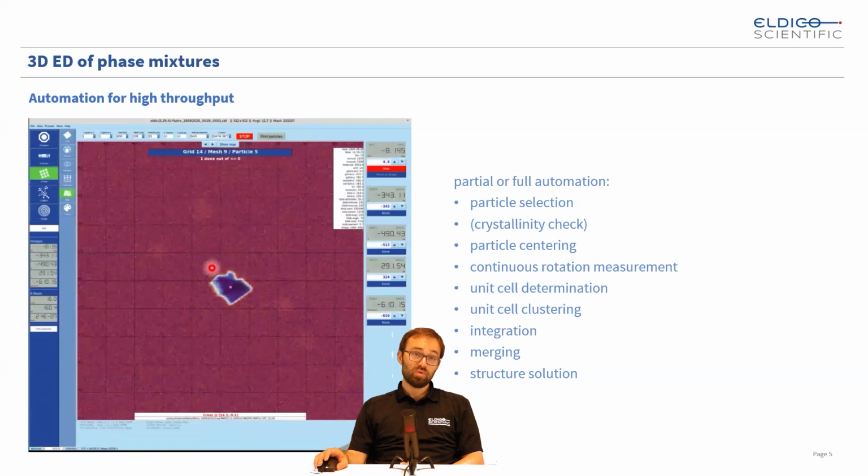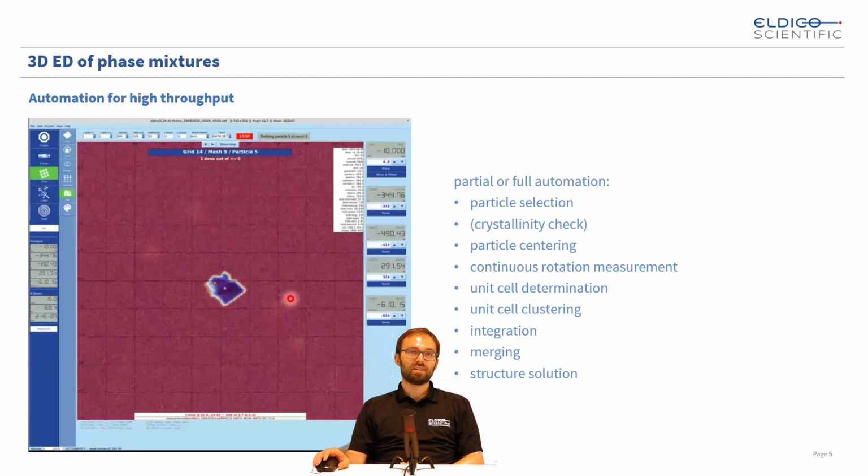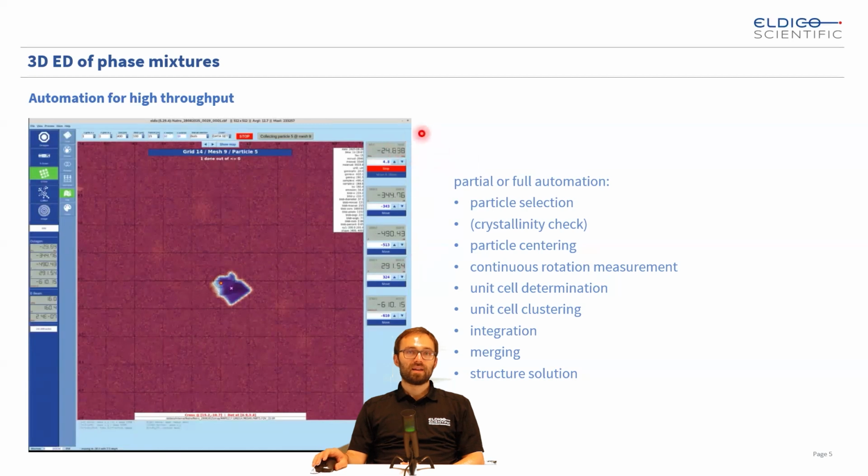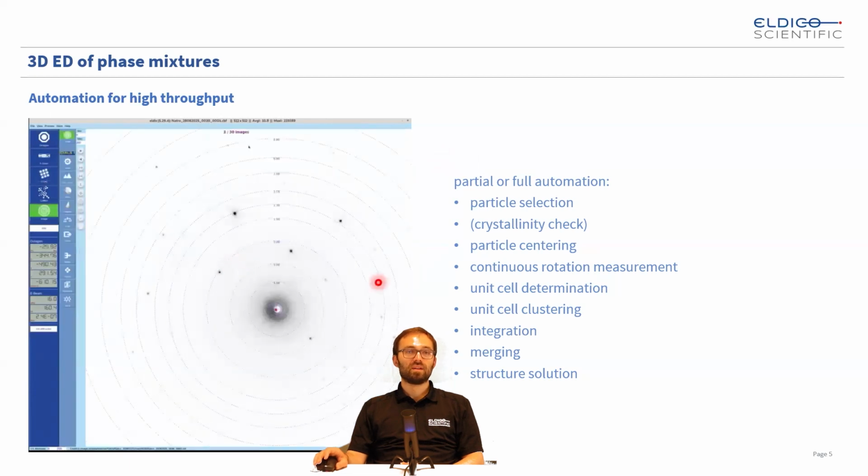So here the software moves to the edge of the particle because it is a bit larger and might be a little bit too thick to measure in the center of the particle. Again, it performs centering. So now the particle is in the eccentric height. And now the software will move to the starting angle and again perform a continuous rotation data collection from minus 30 degrees to 0.